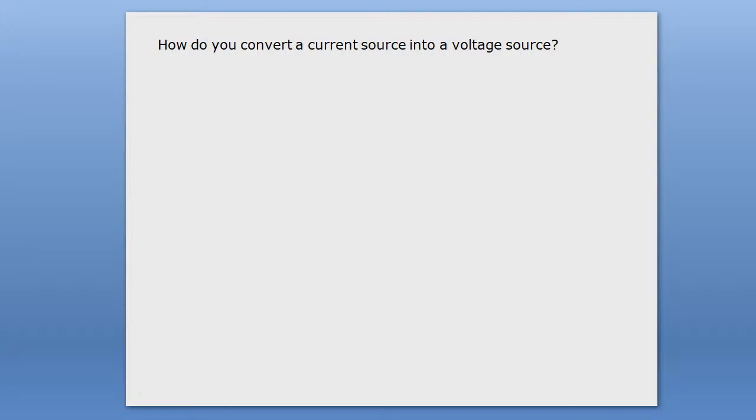And how do you arrange this voltage and resistance for the final circuit? For the final circuit, I mean for the final current source. Tell me, anyone tell me, what is the internal resistance of an ideal voltage source?